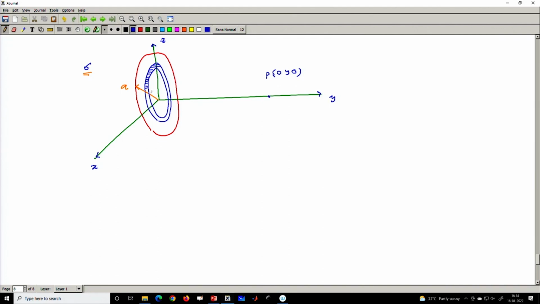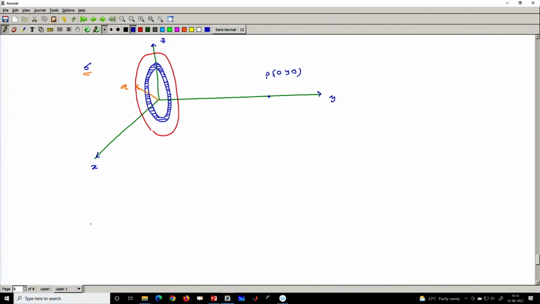That is the normal strategy. So, this is the tiny region for which I am going to calculate the potential at point P, and then I will simply integrate.